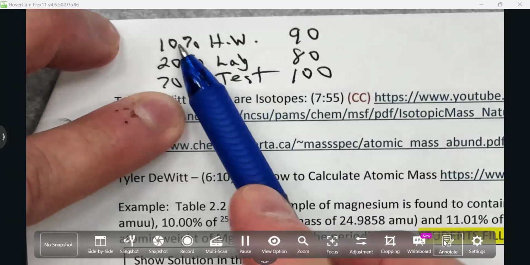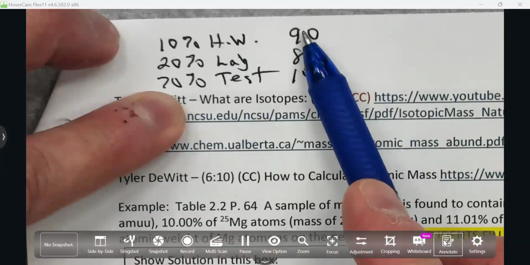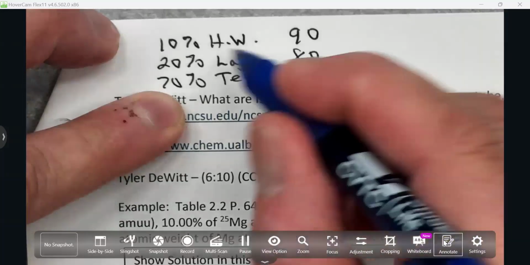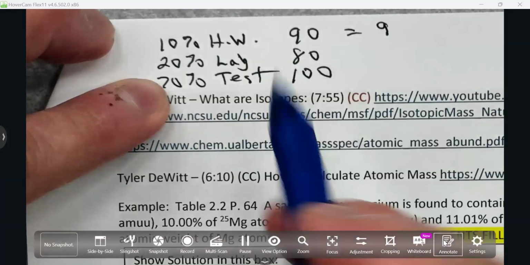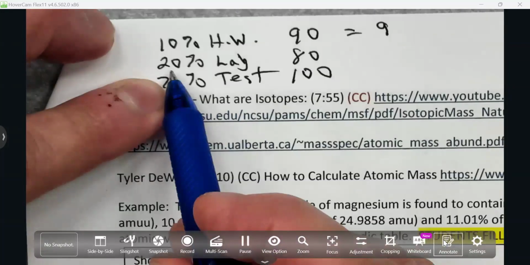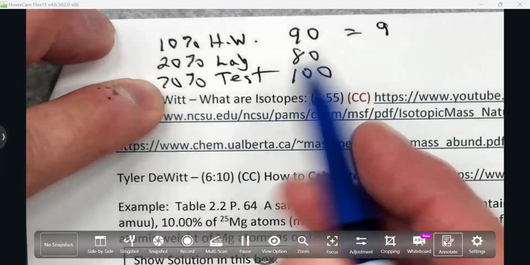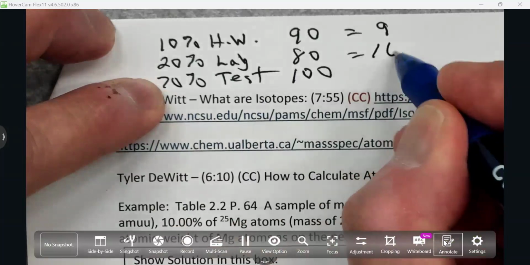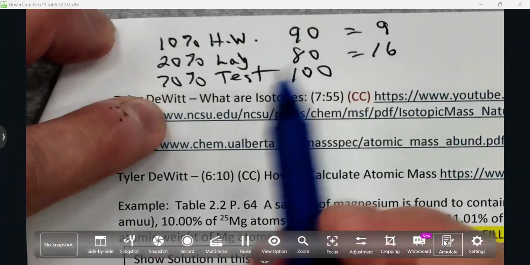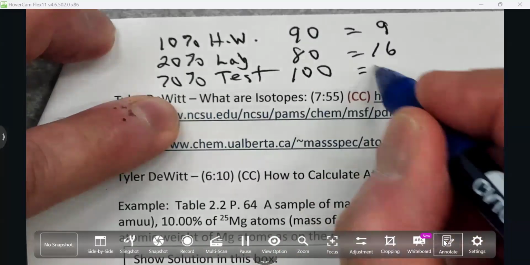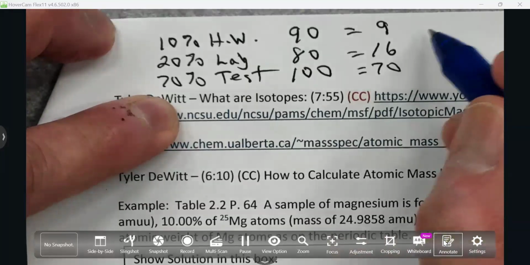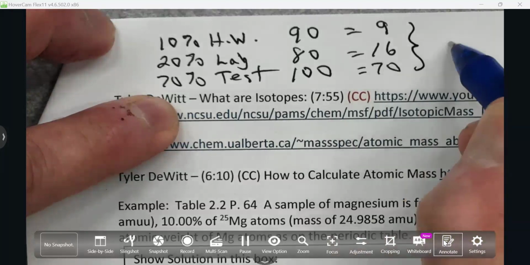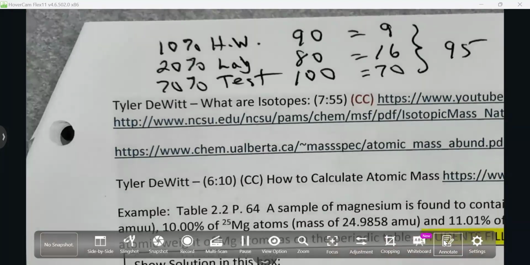What is 10% of 90? 9, right? That would be 0.1 times 90 is 9. What's 20% of 80? That would be 0.2 times 80 is 16, correct? And 70% of 100 would be 70, and we'd add that all up, and your weighted average score would be 95, right?